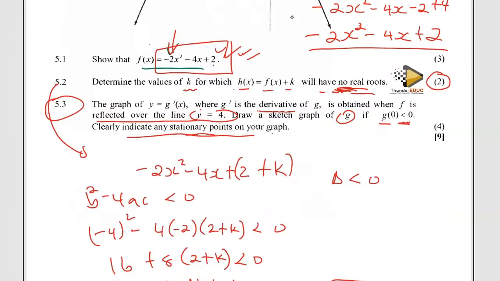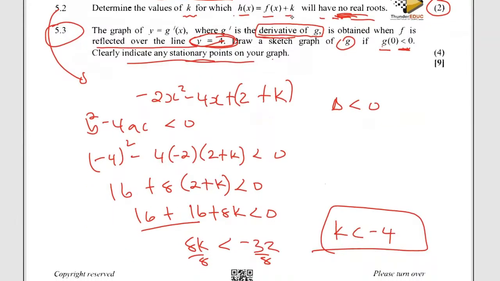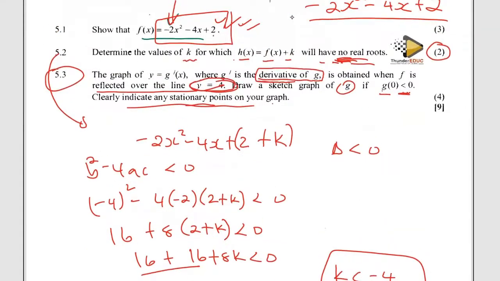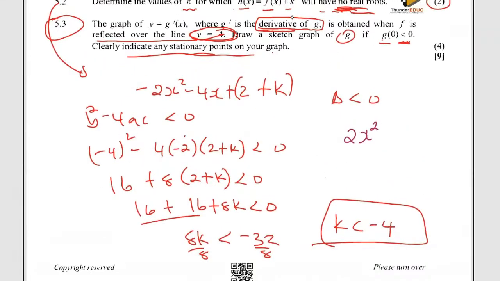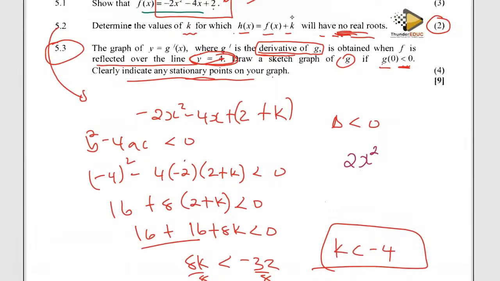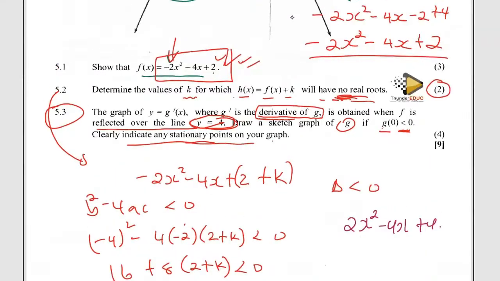Okay. So they talked about the derivative of g is obtained when f is reflected over. So reflecting it over, remember we're saying we're getting a positive 2x squared. Let me just use this. The positive 2x squared minus 4x plus 4, something like that.